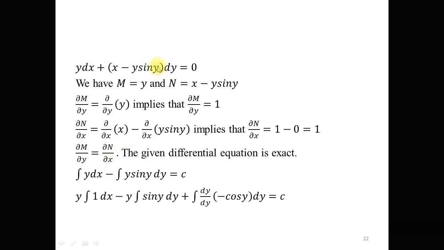So this differential equation is an exact differential equation, and now we can solve it by taking integration of m function with respect to x and integration of those terms of n which do not contain x. There is only one term in this n function which does not contain x. So minus y sin y integration with respect to y is equal to c. So y is treated as a constant, and the integration of 1 is x, and the integration of sin y will be minus cos y.